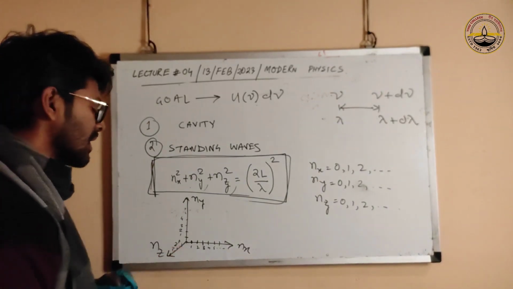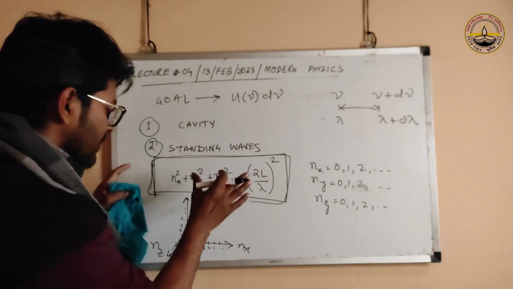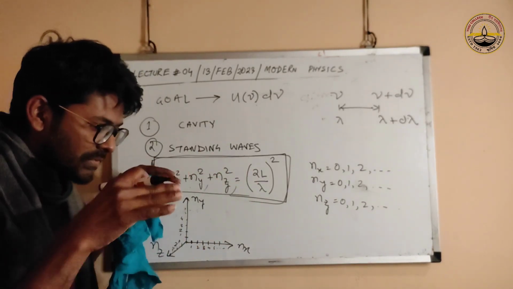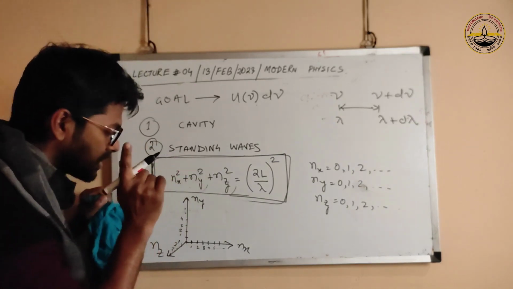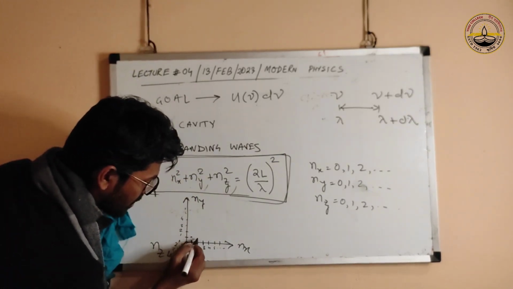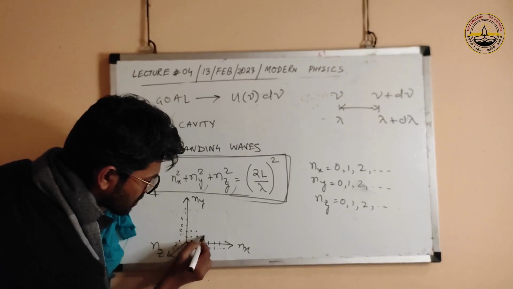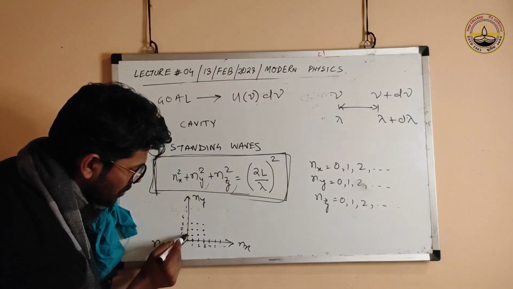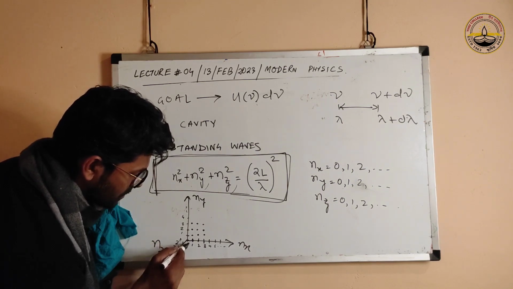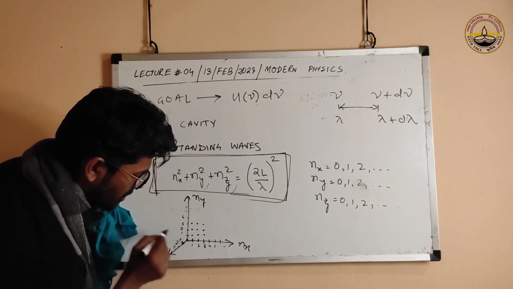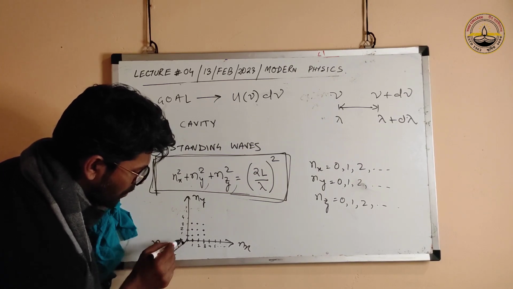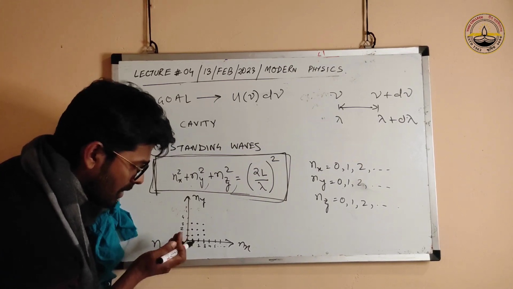So what that means is this is an equation of a sphere, but it's not a continuous sphere. It can only take values at these points. 0, 0, 1 would be this one. 1, 1, 1 would be somewhere here, up, like that.